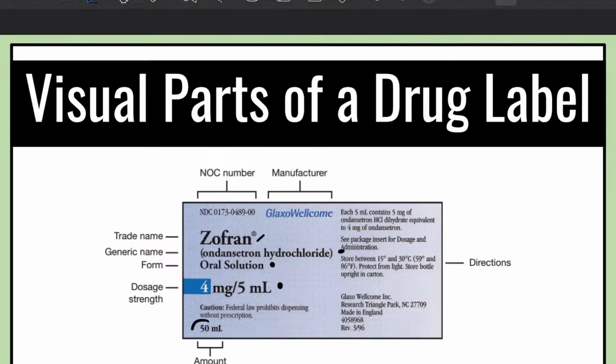And then we have our amount, which is the total that we're going to get in this packaging. Other things that are on here are your NDC number and manufacturer. Those usually I'm not super concerned with you guys knowing. And then you'll also see directions on the label as well that will be specific to that medication.